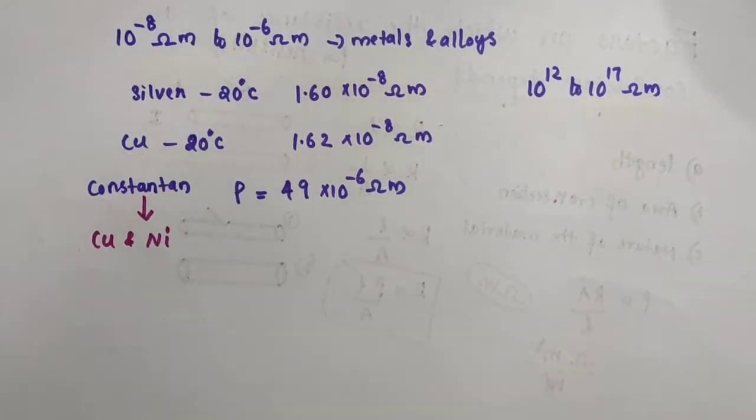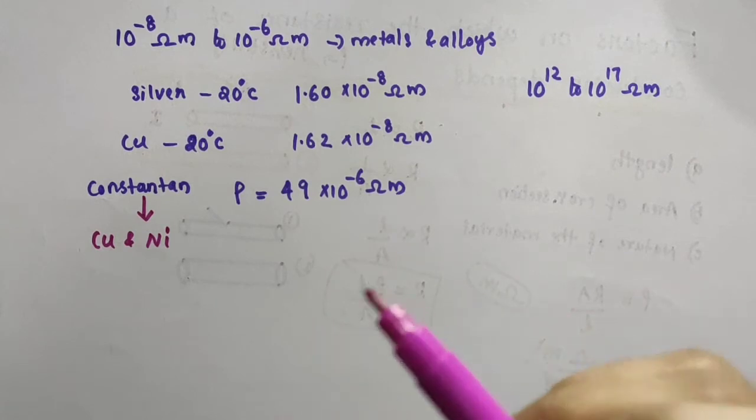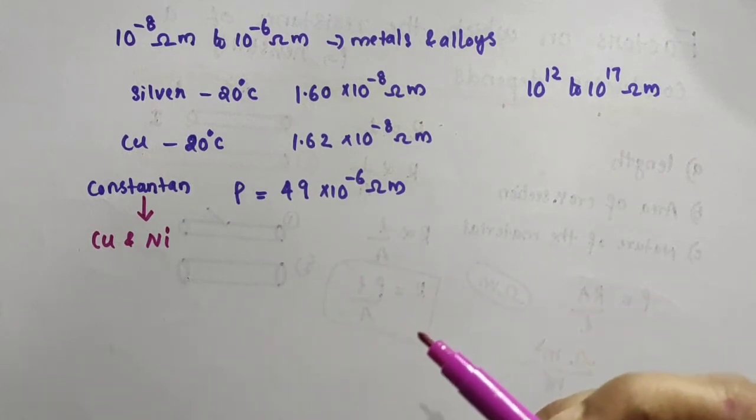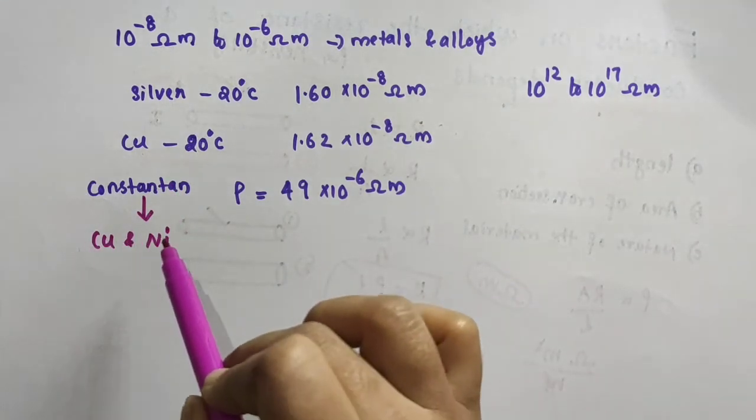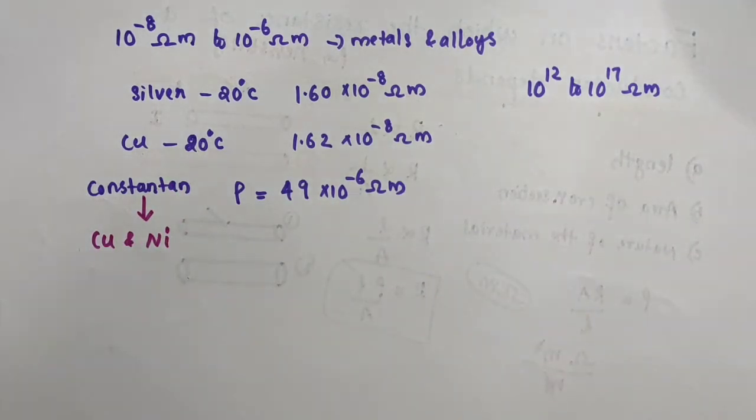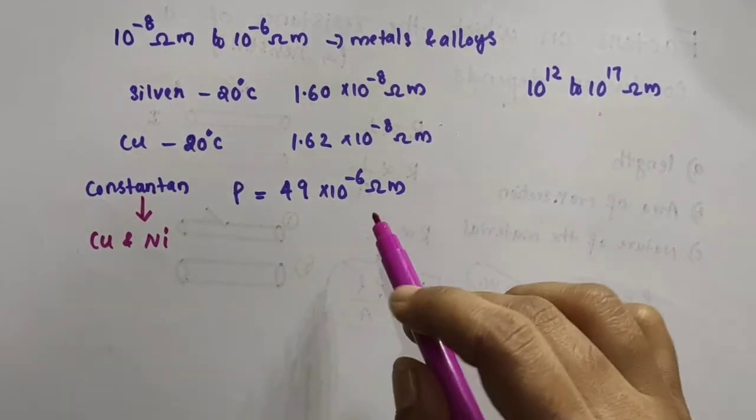Now, let us compare the resistivity of an alloy with its constituent metals. The resistivity of constantan, which is an alloy of copper and nickel, is 49 into 10 raised to minus 6 ohm meter.